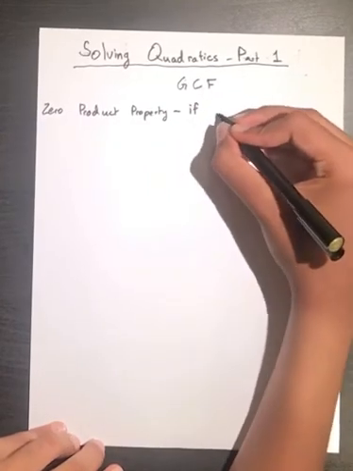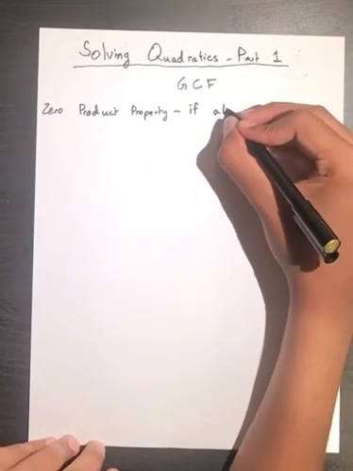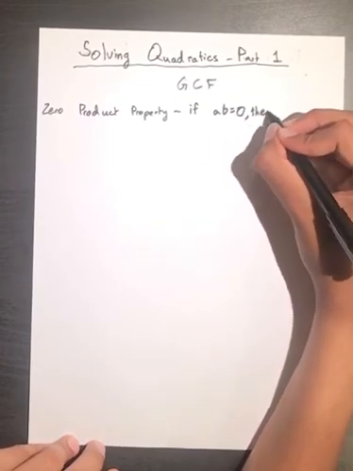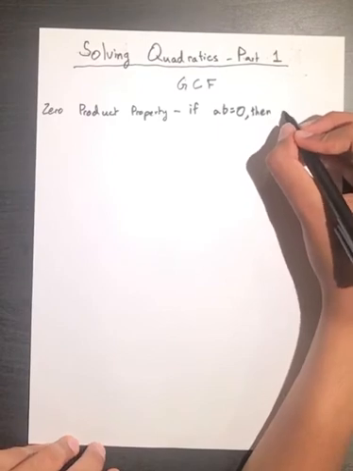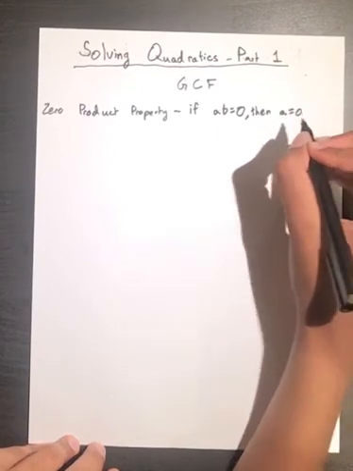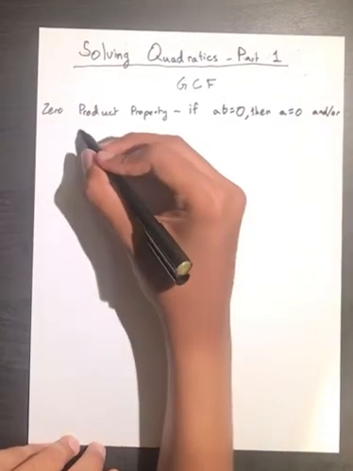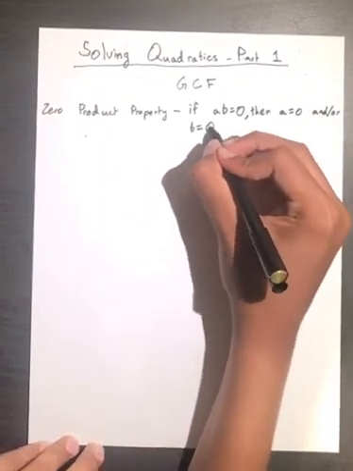If A times B equals 0, then either A equals 0 and/or B equals 0.